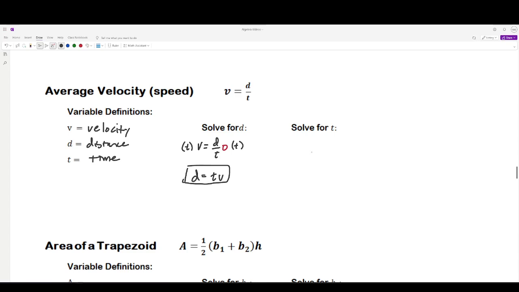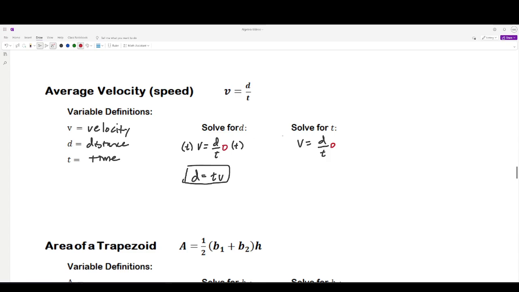T is a little different, so I'm going to go ahead and do that one as well. So we have V equals D divided by T. So this one is a division, but our problem is that T is in the denominator of this fraction.